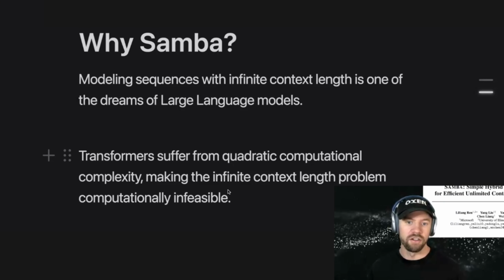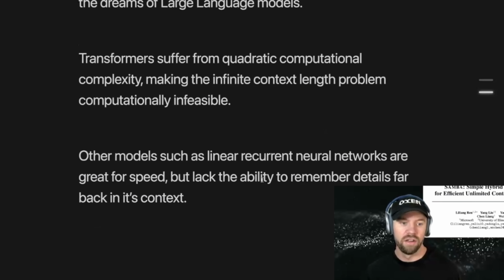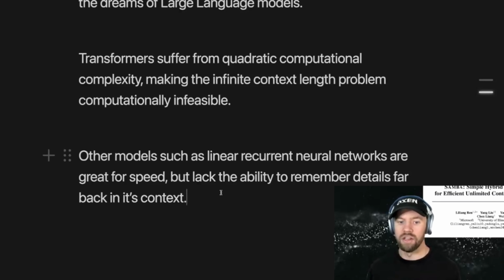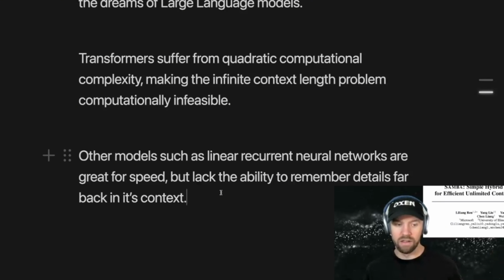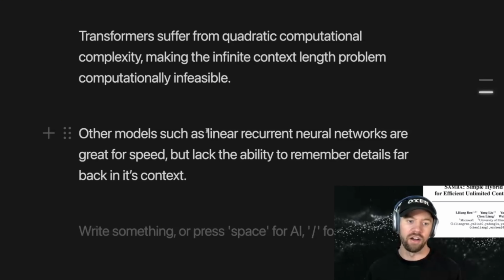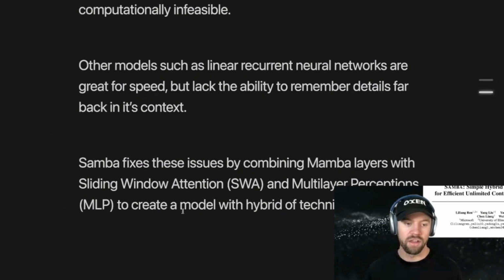There have been other models, such as linear recurrent neural networks, that are great for speed but lack the ability to remember details really far back in their context. And models such as Mamba are a breed of these linear recurrent neural networks that are based on state space models that claim to be able to model much longer sequence lengths.